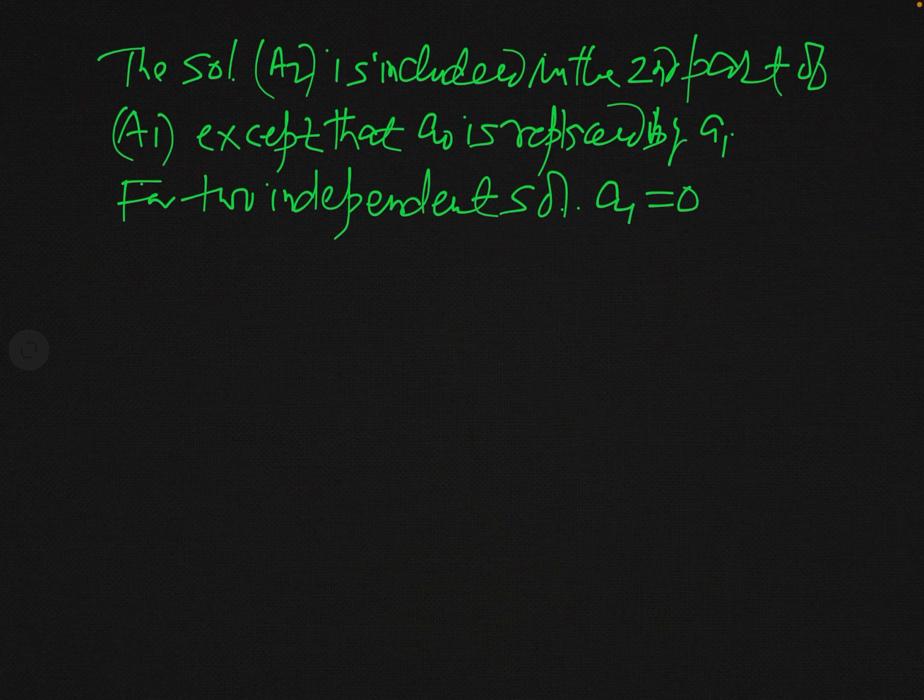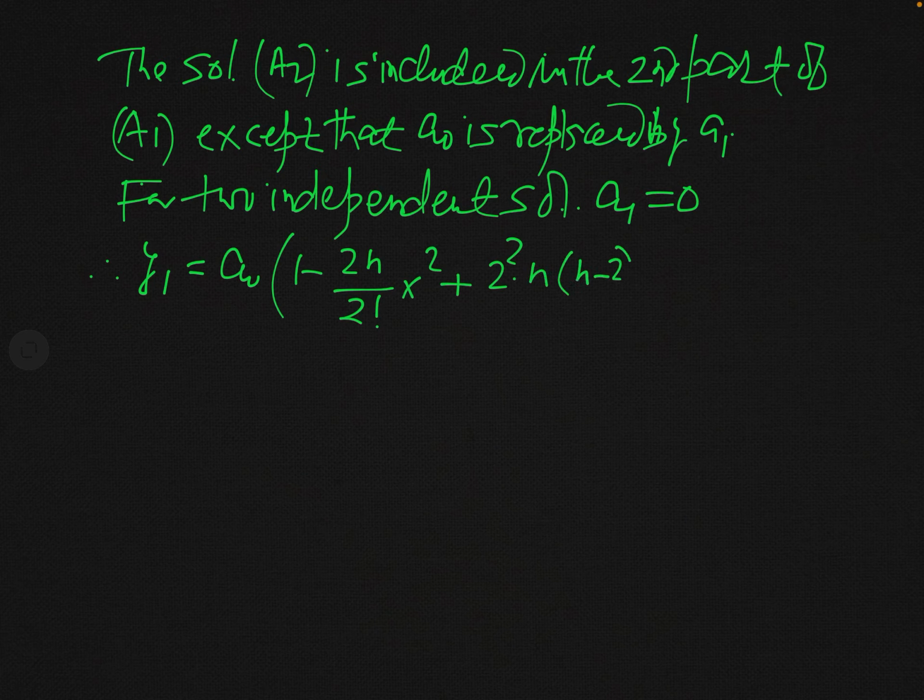And therefore, if a1 is 0, then you can write the first solution y1 equal to a naught times 1 minus 2n over 2 factorial x square plus 2 square times n times n minus 2 over 4 factorial x4 minus and so on.